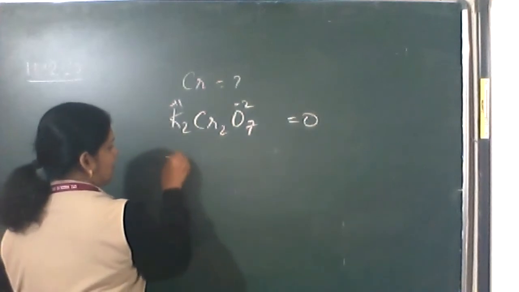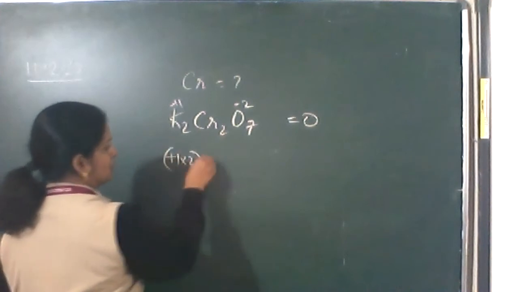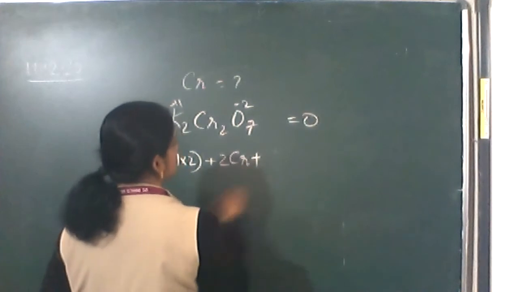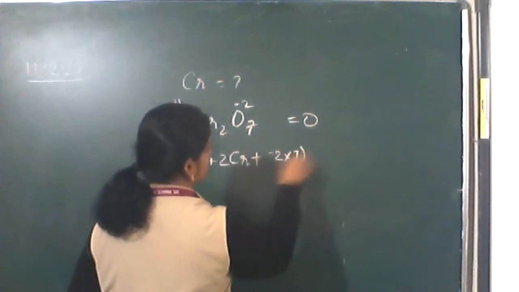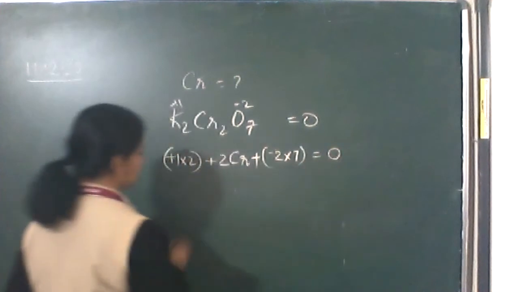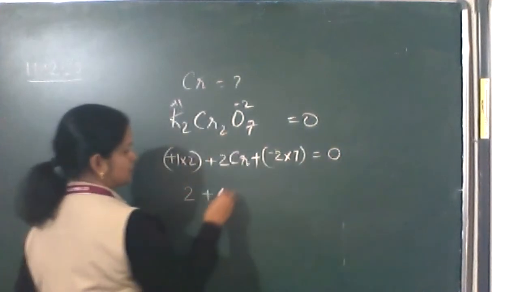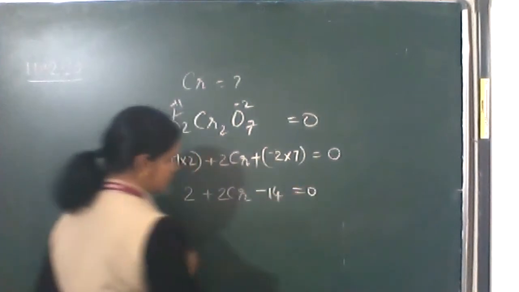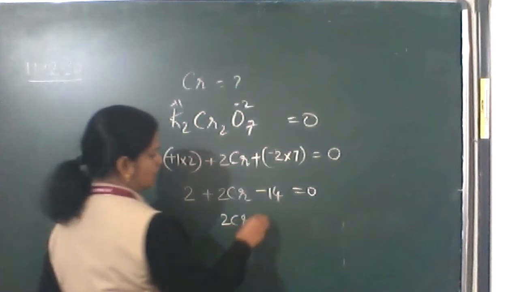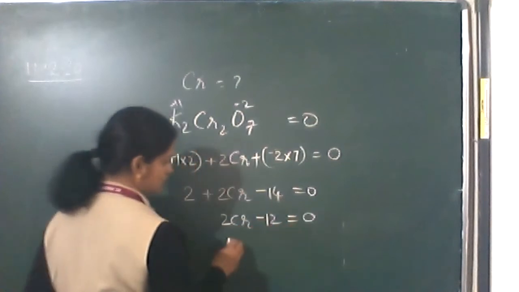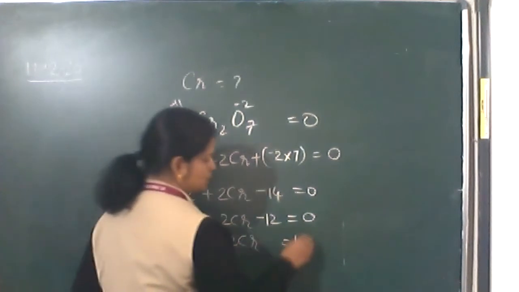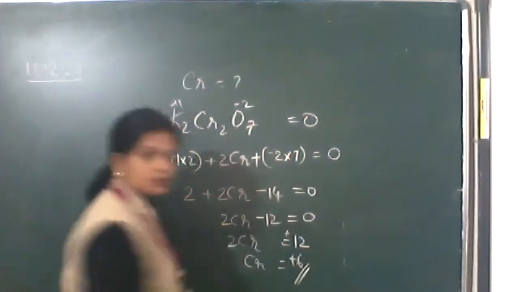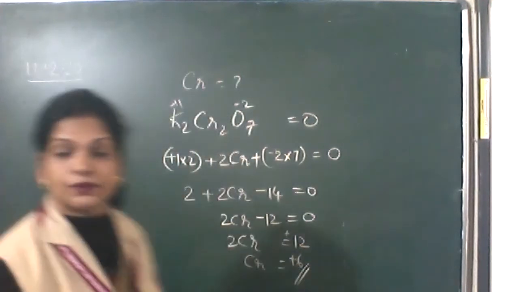So plus 1 into 2, plus 2 chromiums, plus minus 2 into 7 is equal to 0. This is 2 plus 2 Cr minus 14 is equal to 0. 2 Cr minus 12 is equal to 0, so 2 Cr is plus 12, or Cr is plus 6. This is the oxidation state of Cr in K2Cr2O7.